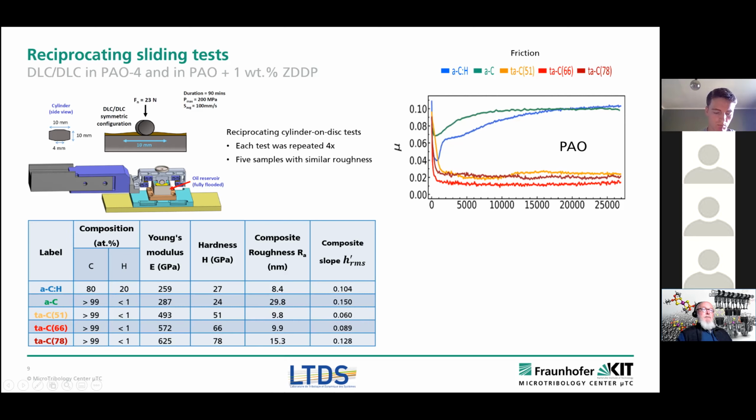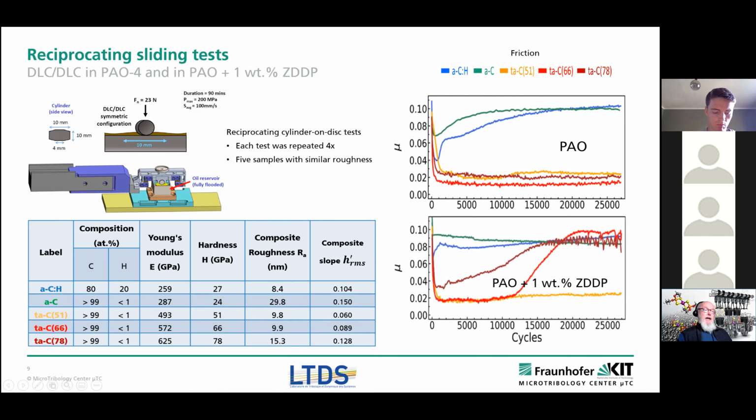And this was when they lubricated the whole system with PAO. Now, if you add a weight percent of CDDP into the tribo contact, the 2 soft coatings behaved similarly. The soft TAC also didn't change in its tribo response, but most interestingly, the 2 hard coatings showed a transition from ultra low to low friction.